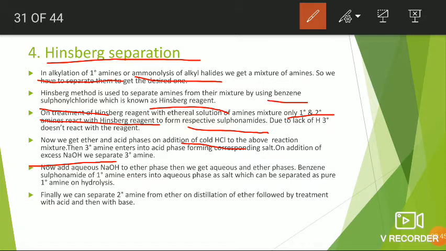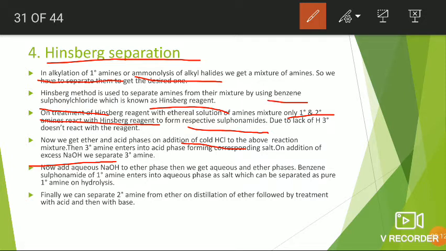Then only the sulfonamide of the primary amine reacts with the base, due to the presence of one more hydrogen on the sulfonamide molecule. So we get two layers, one is an aqueous layer and the other one is an ether layer.